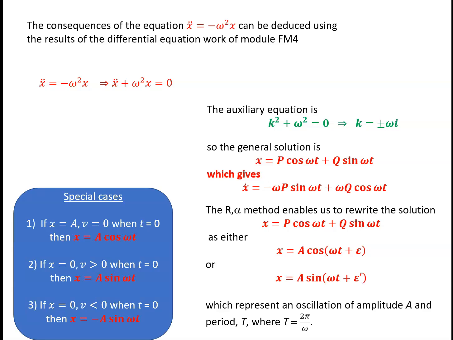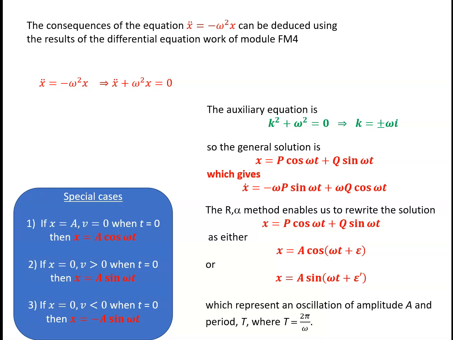Now, two or three special cases of this are worth noticing. First of all, if we know that when t equals 0, x equals a and v is equal to 0, then I must have the solution x equals a cos omega t.